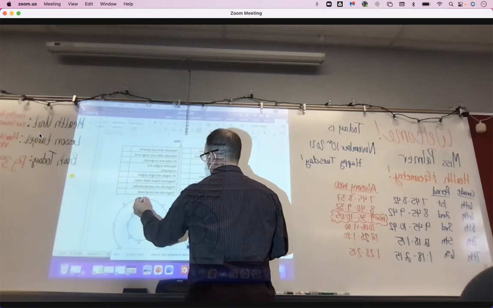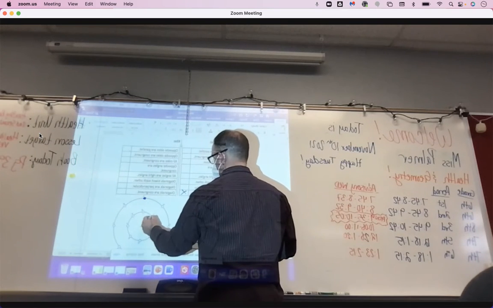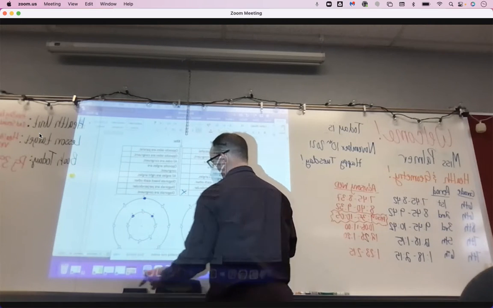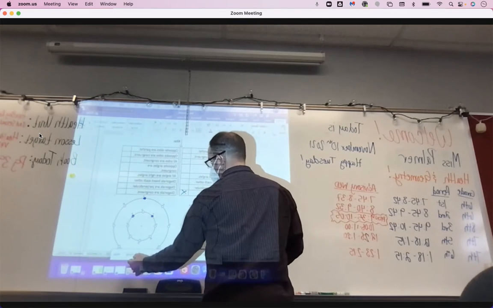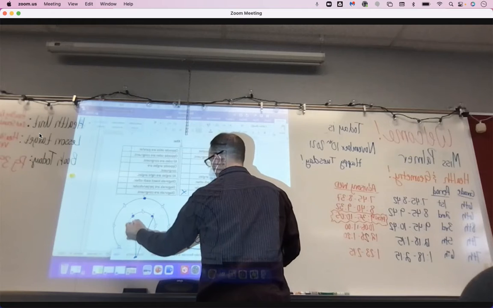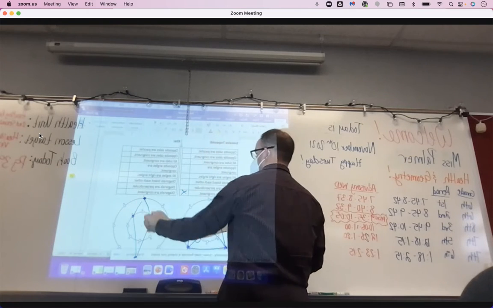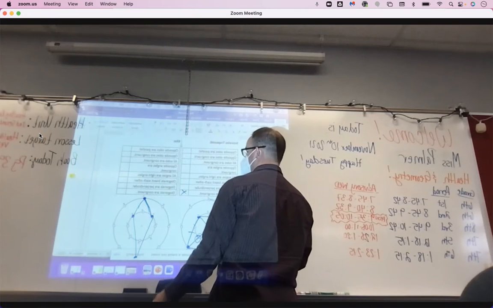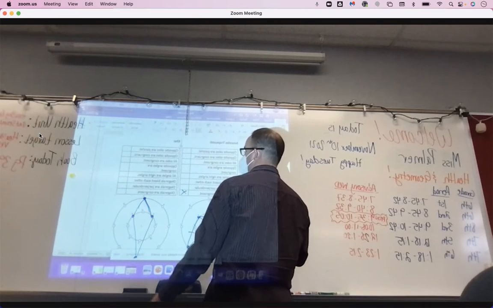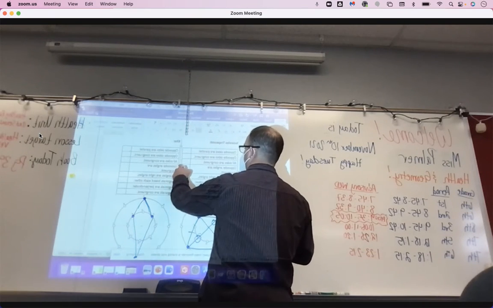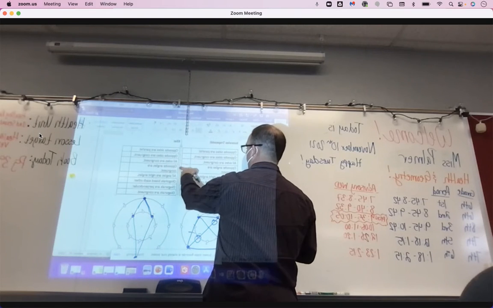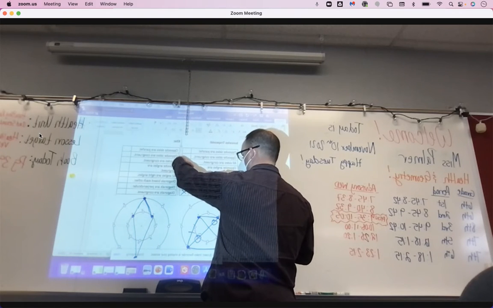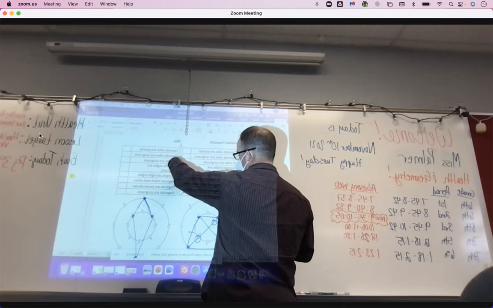Most people are probably going to make a kite by doing something like this, and then the other one will be down here. So let's run through the kite real quick. Opposite sides are parallel? No. Congruent? No. All sides are congruent? No. Opposite angles congruent? I don't think so.